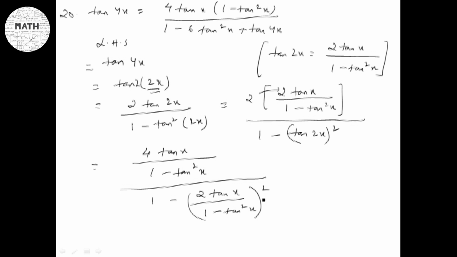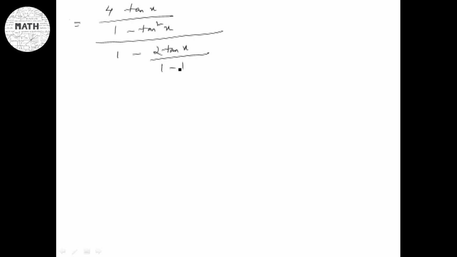Okay, let me go to the next page then. So that will be nothing more than, I got the answer, this one. I'll just write the answer: 4 tan x divided by 1 − tan²x divided by 1 minus 2 tan x divided by 1 − tan²x, the whole thing squared. I got the answer till there.